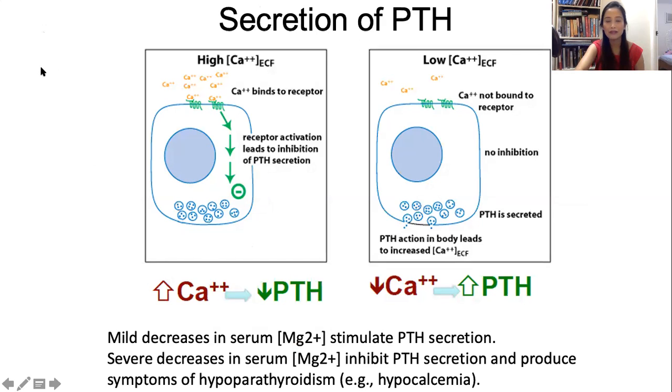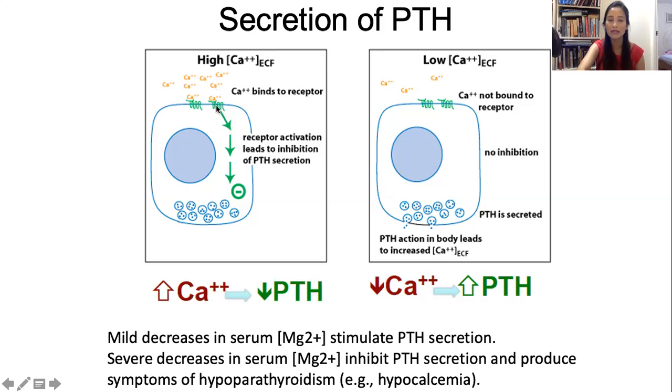So, what triggers the secretion of parathyroid hormone? If your extracellular fluid has high levels of calcium, the calcium will bind to your calcium sensing receptor, the CASR.